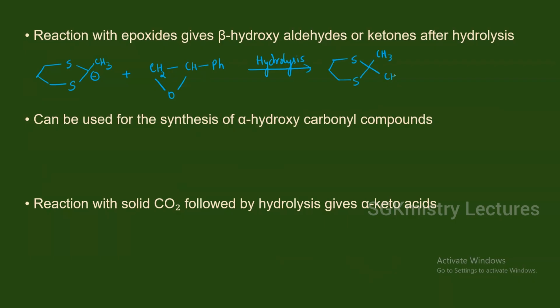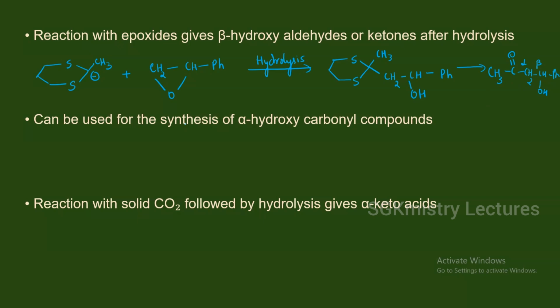Now the opening of the ring takes place. So CH2, CH, here there will be OH, and here there will be the dithiane. Now this can give, you will get CH3, C double bond O, CH2, CHOH, and the dithiane. So you can see here, this is the alpha carbon, this is the beta. So beta hydroxy aldehydes or ketones will be obtained by making use of this particular reaction.